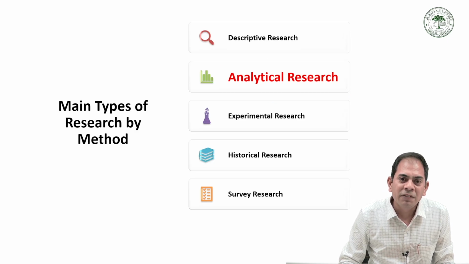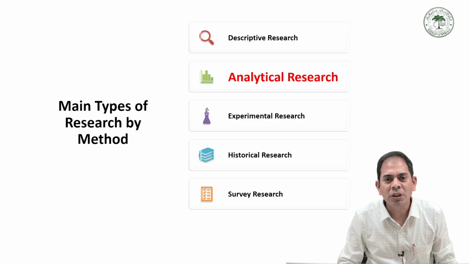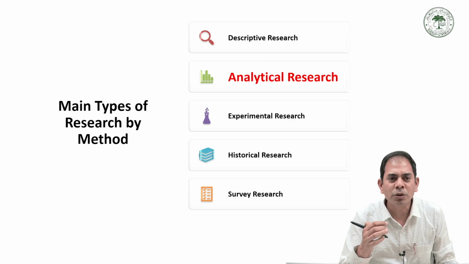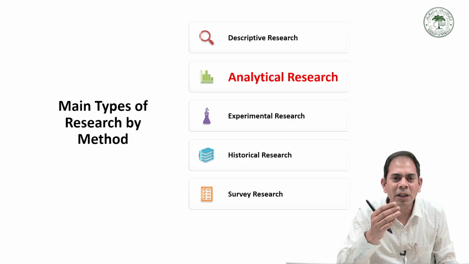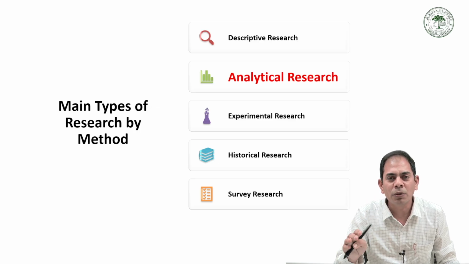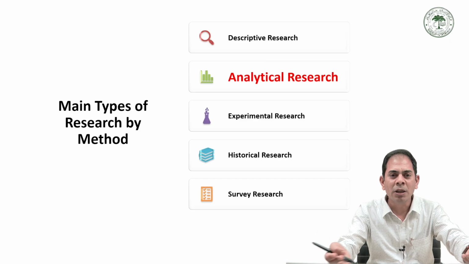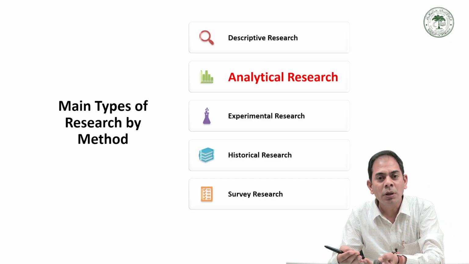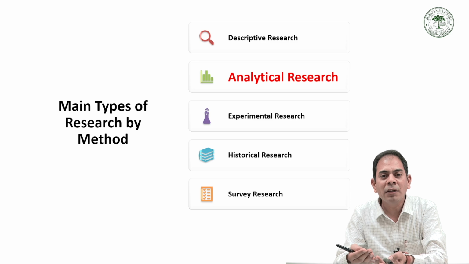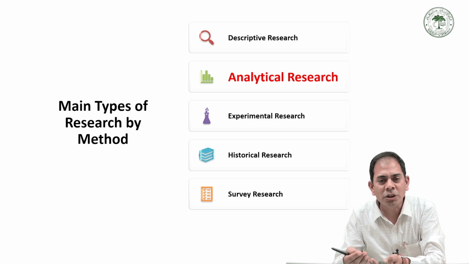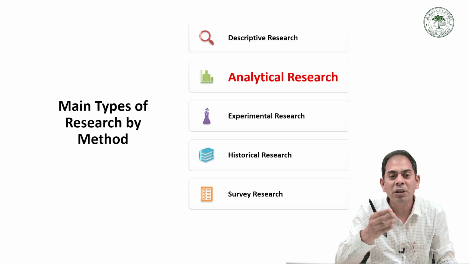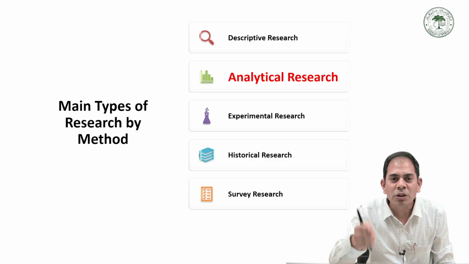For example, in the field of physical education and sports, if we collect data on athletes' performance, analytical research helps us determine why some athletes perform better than others. We collect data on many athletes; some perform better, some do not perform well. With the help of analytical research, we try to find out the reasons behind this. It is important to find the answer to why.